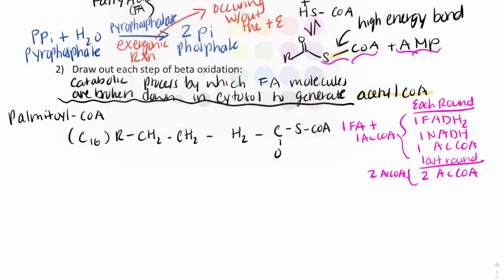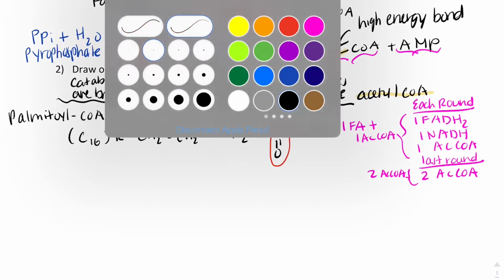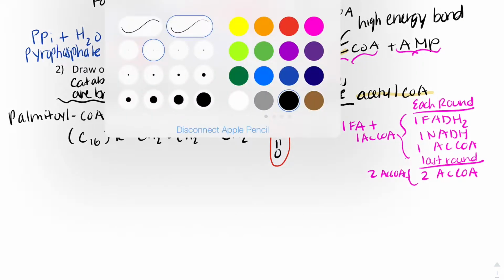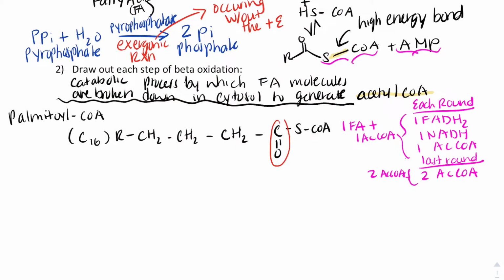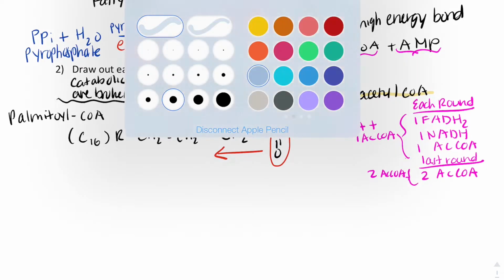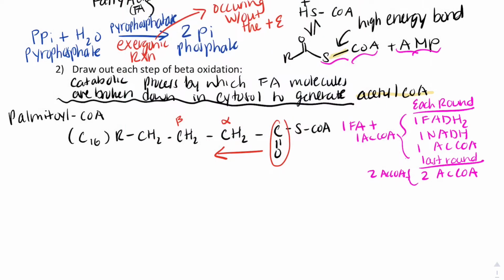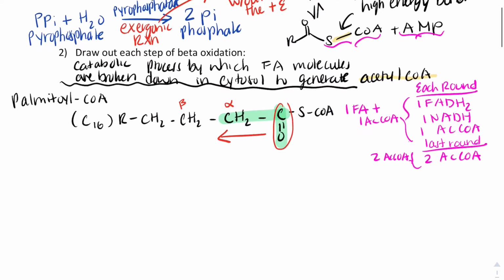Oh, sorry, I forgot the double bond. Looking at the carbonyl group here, I also forgot a carbon here. We're going to be counting to the left, and that'll start our alpha and beta carbons. And these are the carbons that we'll be looking at. Specifically, we are looking at this region right here.